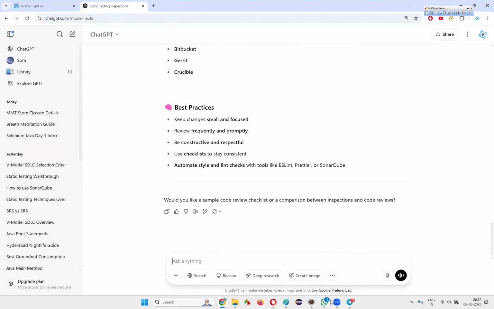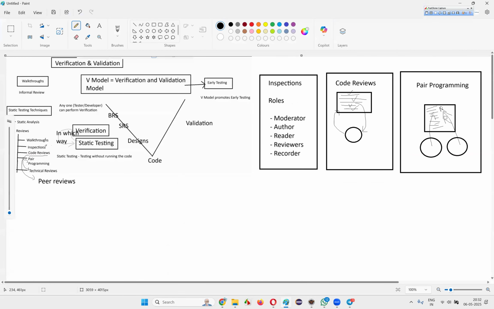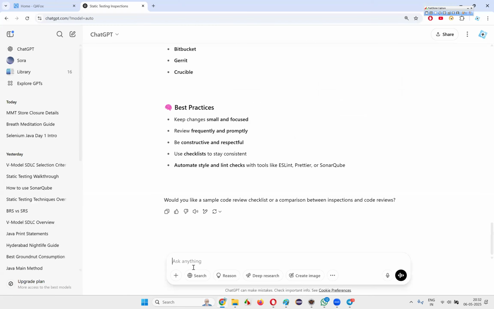So fine. What else is there next? You understood walkthroughs, inspections, and code reviews; different varieties are there. You understood what is pair programming and peer reviews. One more thing is technical reviews. So what about technical reviews?